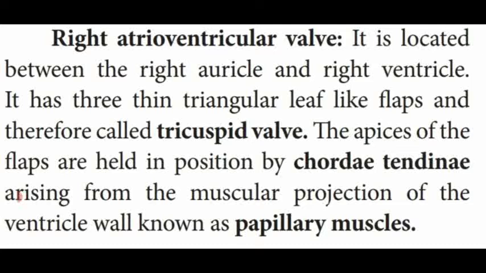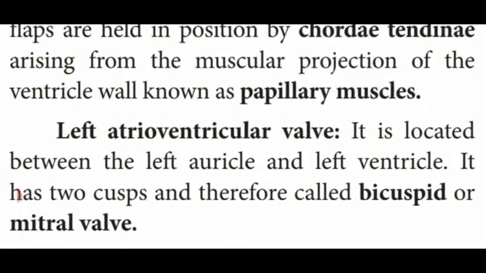So these 3 tricuspid valves are held in position by chordae tendineae, which arise from the muscular projections of the ventricle known as papillary muscles. That is said to be the right atrioventricular valve.